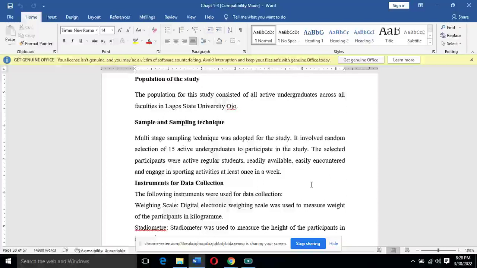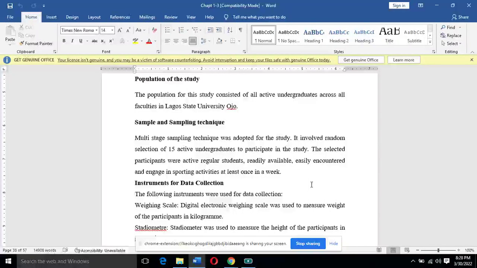That's purposive sampling technique. Simple random sampling is when you just pick randomly without checking their gender or anything. For purposive, you choose them because they have a particular quality that you need for that study. That's why you are picking them.